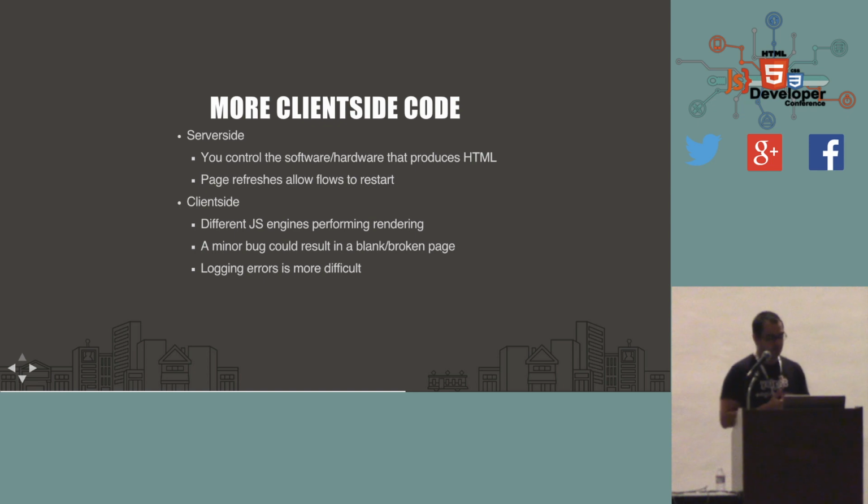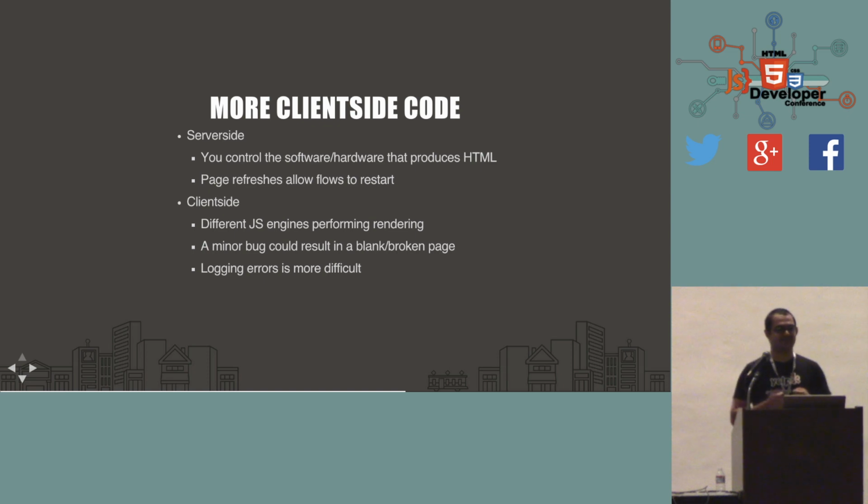So client side, you have to deal with different JavaScript engines. A really minor bug could result in a blank page, which would be really awful. If you don't have Selenium coverage, often you'll get a lot of bug fixes inside of JavaScript unit tests, but then you won't actually know whether or not the page is working. Also, logging errors is a lot more difficult in JS when it's in the client.